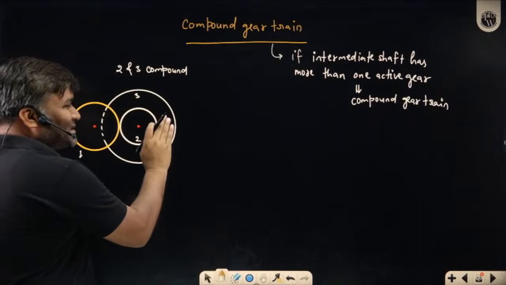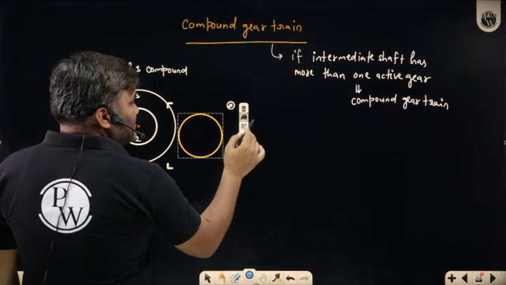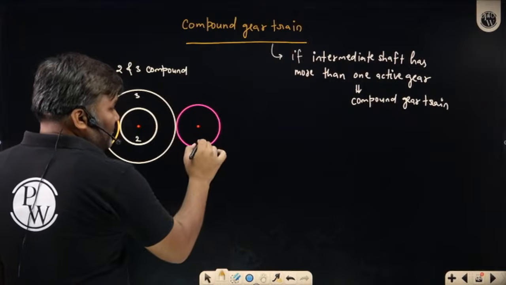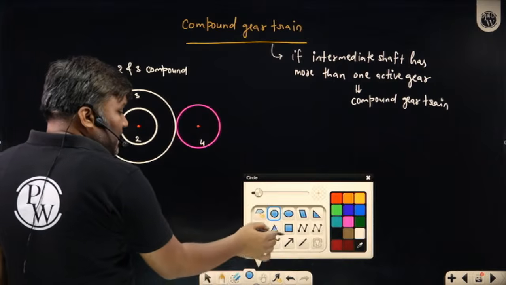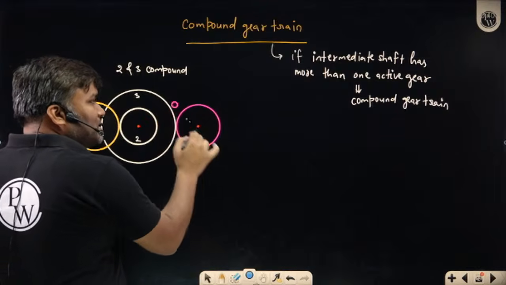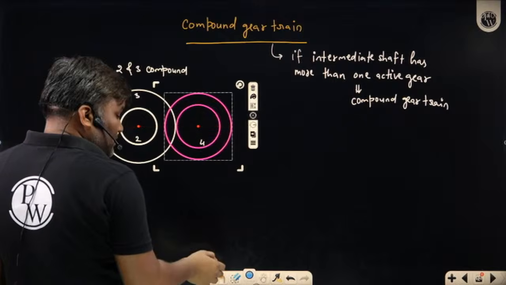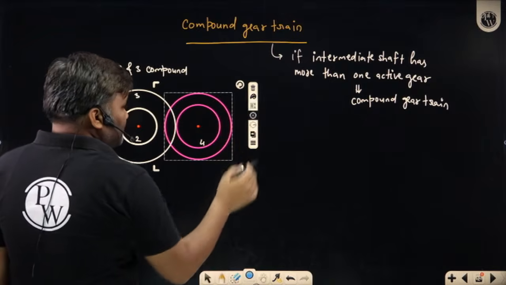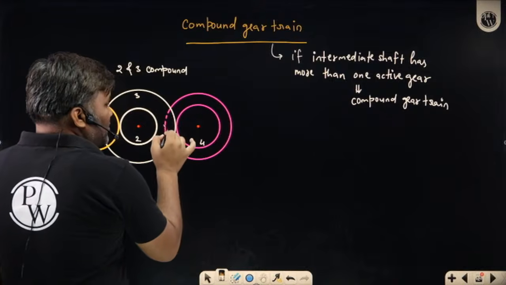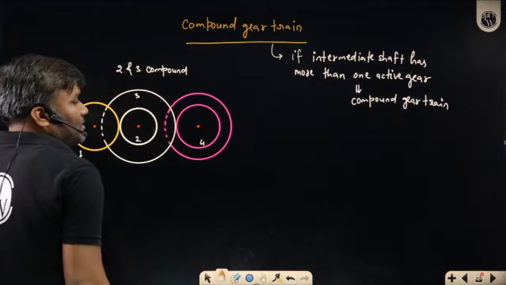Now 3 is driving another body, this gear number 4. 4 rotates, and on the same shaft where 4 is, I have another gear. It looks like this. Let me make it dotted again.